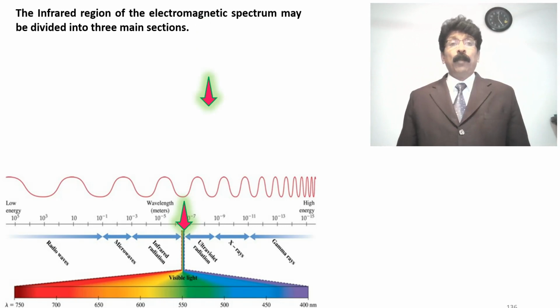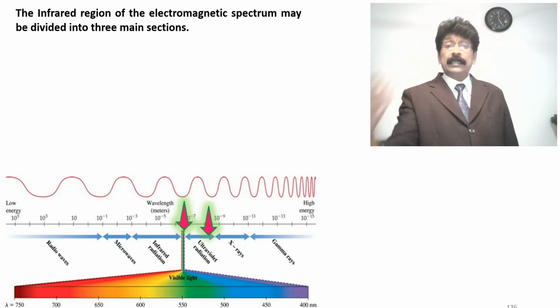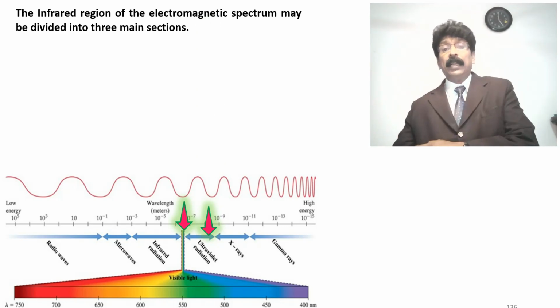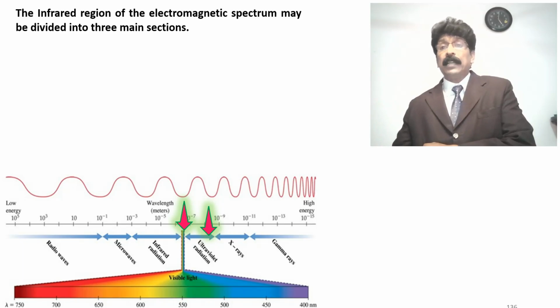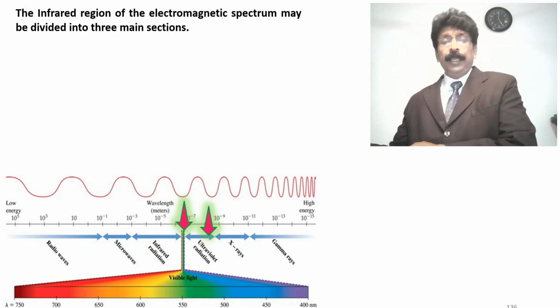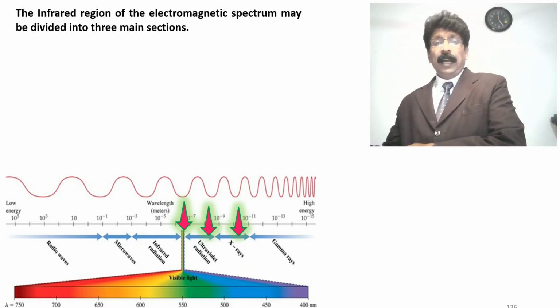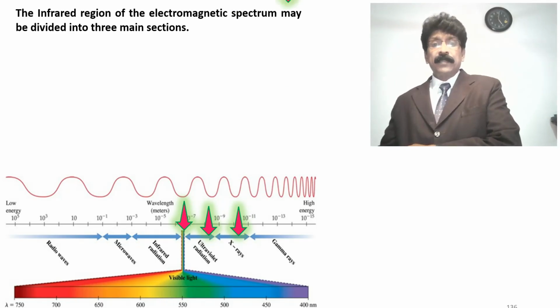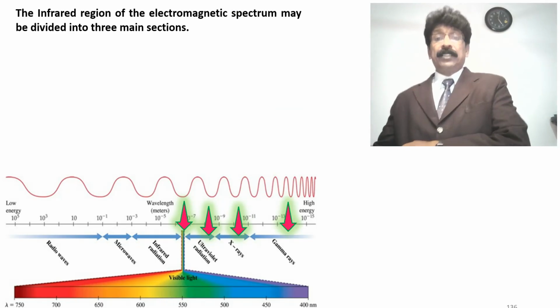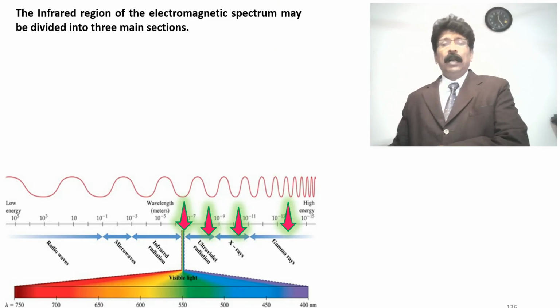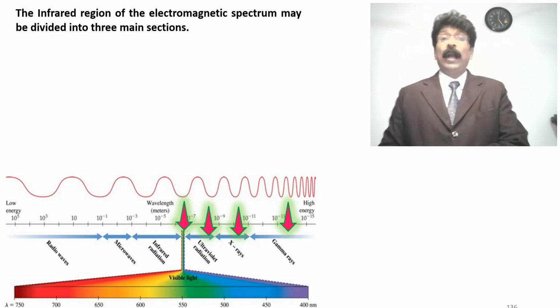And what about the next higher energy level? We can see UV, which we discussed yesterday, ultraviolet radiation, and next come X-rays, and next come gamma rays in the higher energy levels of the electromagnetic spectrum.